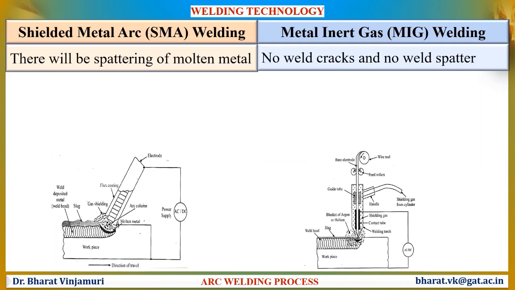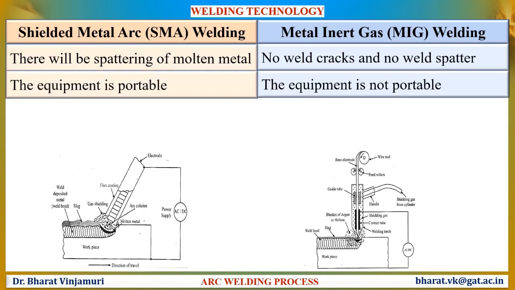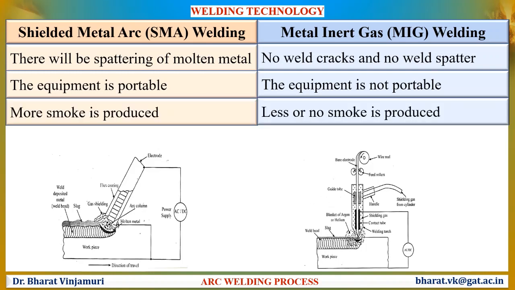In SMA process, there will be spattering of molten metal which will not be there in MIG process. The equipment is portable, whereas MIG equipment is not portable, and in fact this process cannot be used in outdoor applications.